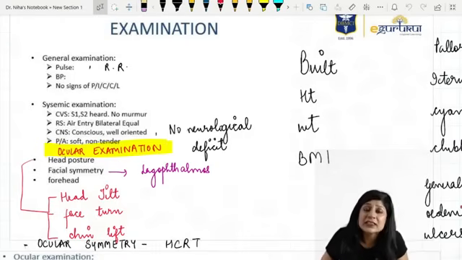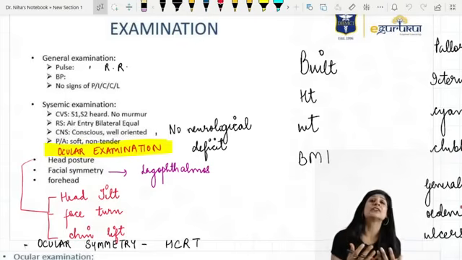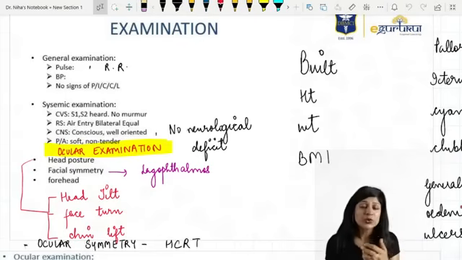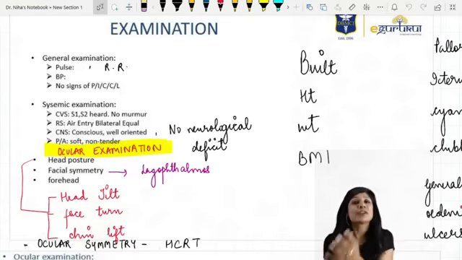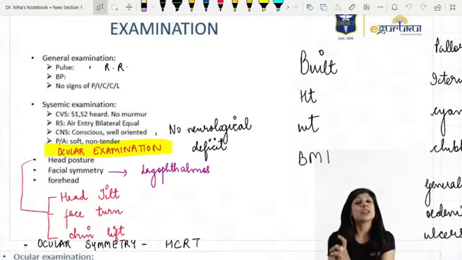And why is this done? Because every organ is interconnected. We have so many things which have manifestations in the eye, so obviously you have to check them. Then you have to see whether this patient is actually fit for the surgery or not. So that is the reason why we will always do first the general examination, and then we will go for the ocular examination.